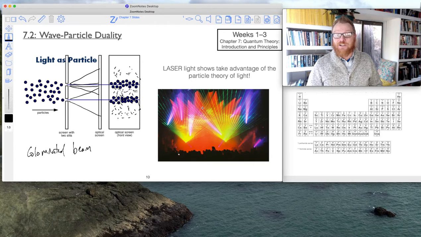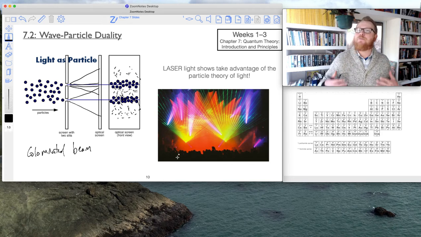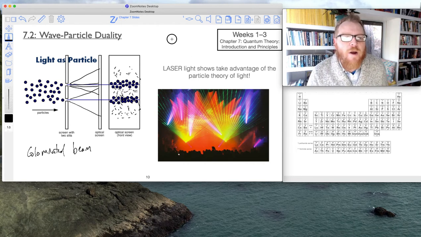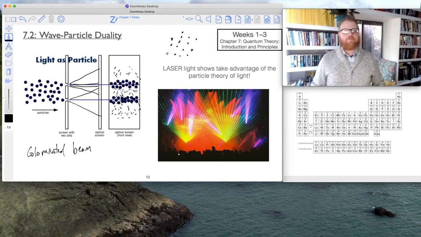As it turns out, laser light shows take advantage of the particle theory of light. Little did you know. And so the way that this works is, in these laser light shows, you typically have some type of smoke particles in the air, okay? So I'll represent those by showing all these little particles. We would call these aerosol, okay, or smoke, if you like.